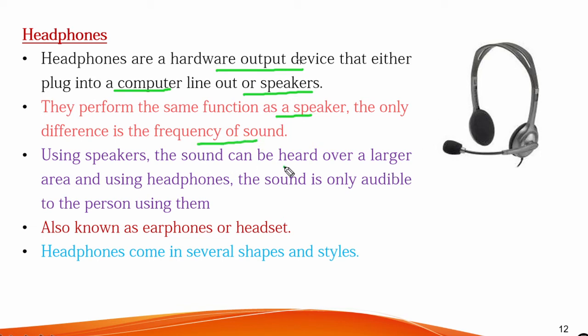Speaker sound can be heard over a large area, and using headphones the sound is audible only to one person personally. These are also known as earphones and headsets. Headphones come in several shapes and different styles, depending on the company making them.